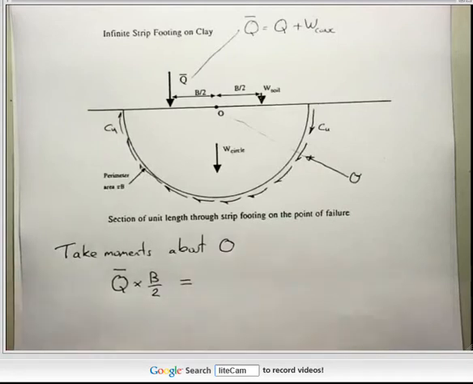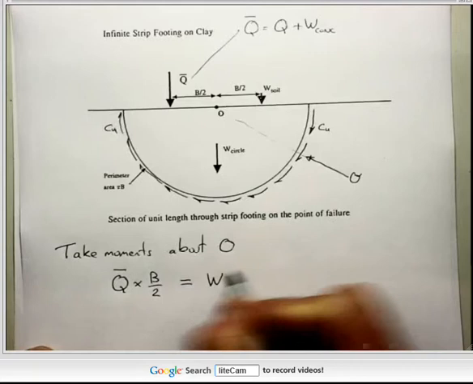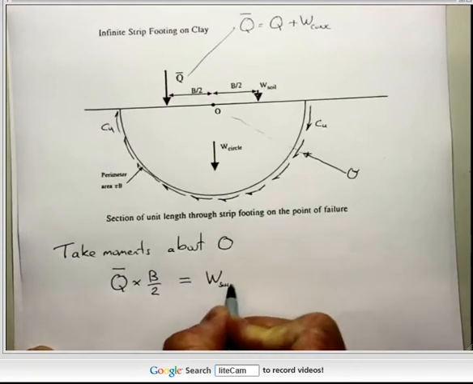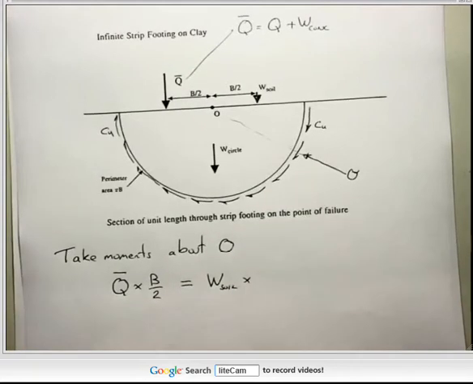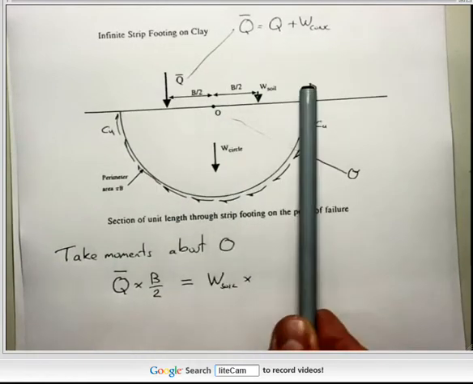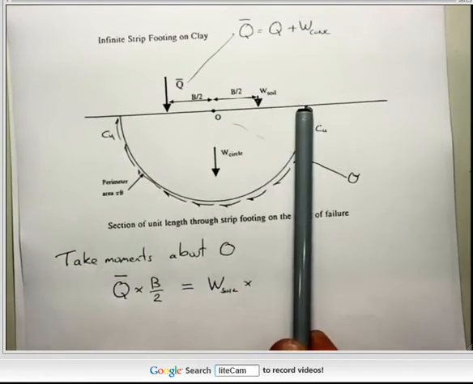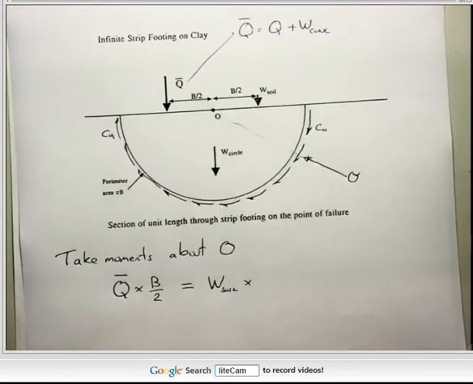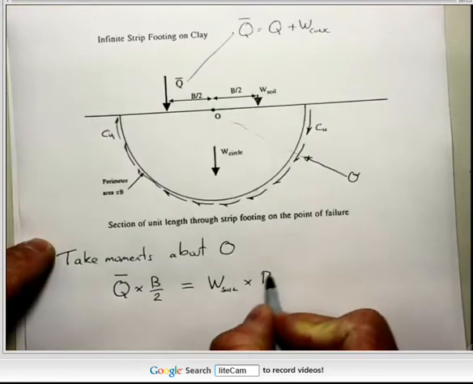the weight of the soil above foundation level times, well, if it's a circular arc, that distance there is also B. So the lever arm is also B upon 2.